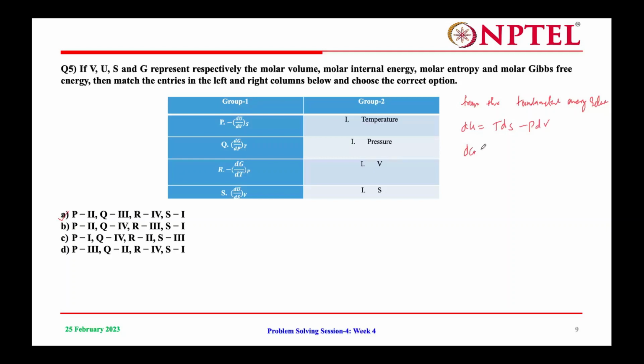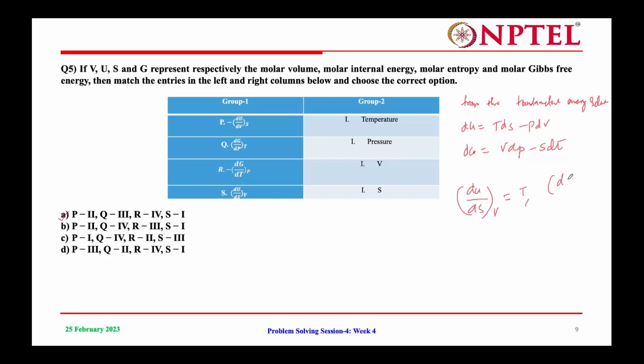And dG is equal to VdP minus SdT. So now take a partial derivative with respect to group 1 given based on that. So dU by dS at constant volume is equal to T, right?